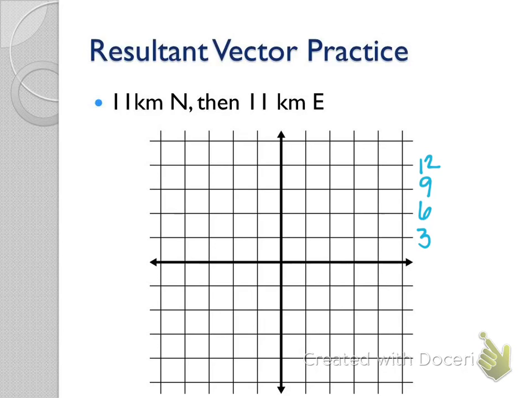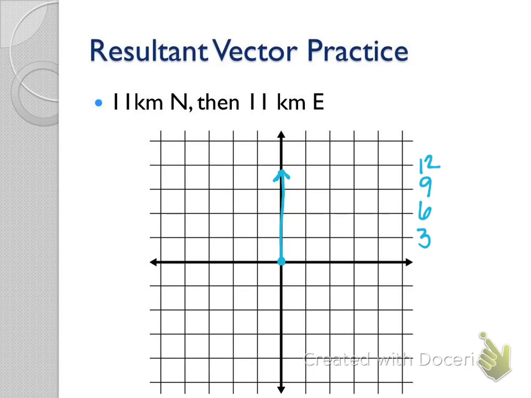For our first vector, we start at our origin here and go 11 kilometers north, which is probably about right here. Now I want to go 11 kilometers east. Do I start my next vector from here or from here? From the tip of the last one.